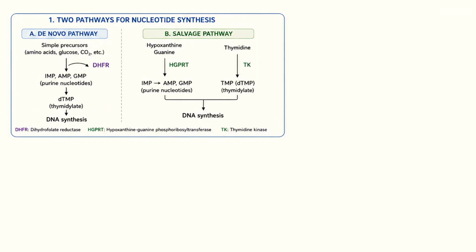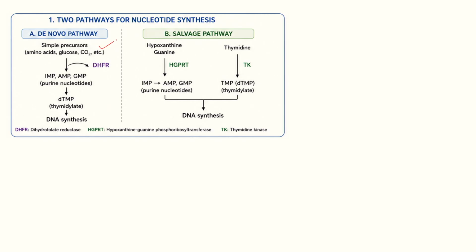So there are two pathways of nucleotide synthesis. One is called de novo and the other is called salvage. These two pathways always take place in the human body and also in other animals, where nucleotides are synthesized from scratch.